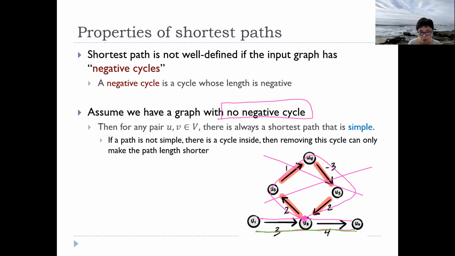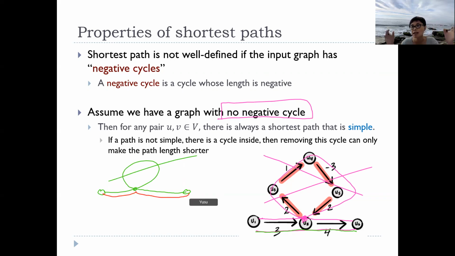So in other words, if you consider a path which is not simple, like this, then you can always remove that loop. That means you have a cycle inside, and you can always remove that cycle and get a shorter path, because the cycle's length is positive, so when you remove it, you're only improving the length.